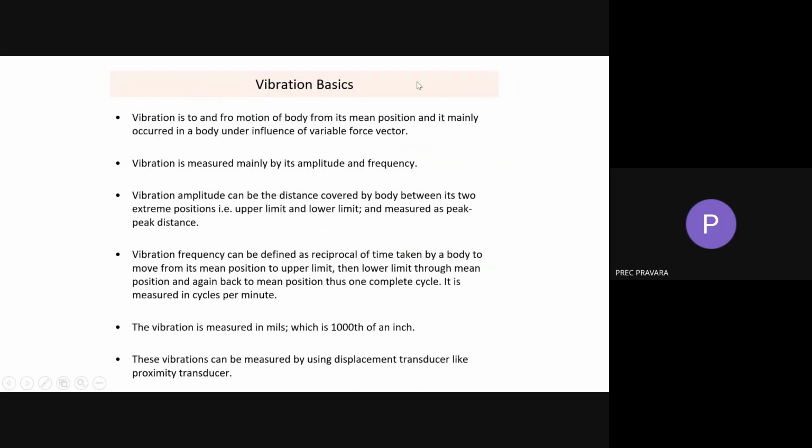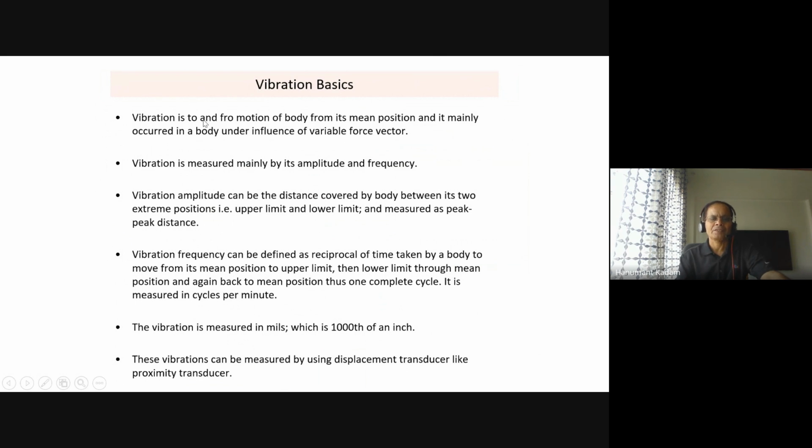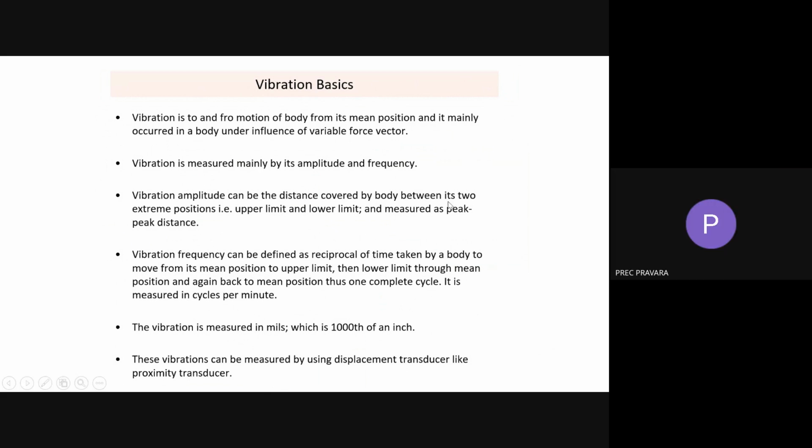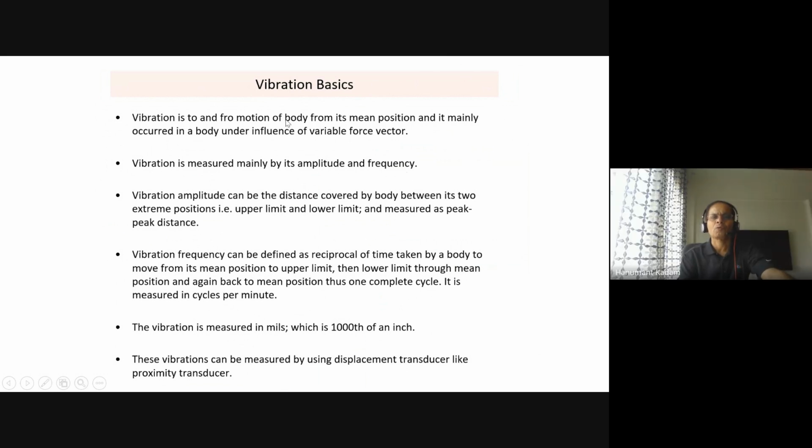In vibration basics, this slide is very important when you are attending any aptitude test or interview. Vibration is the to and fro motion of a body from its mean position. Vibration is measured mainly by its amplitude and frequency, and mil is the unit. These are what students mostly get asked.